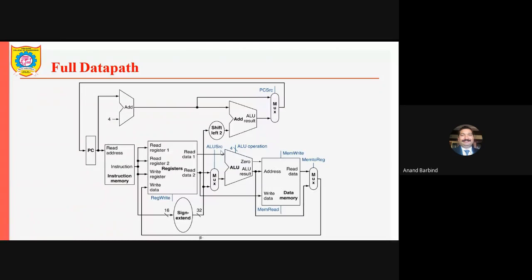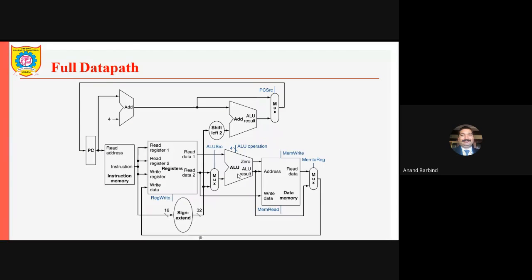ALU is used by most of the instructions, including load, store, R type instructions, and branching instructions. Only if the branch is an unconditional branch, then the ALU is not used. Otherwise ALU is used by all the instructions.